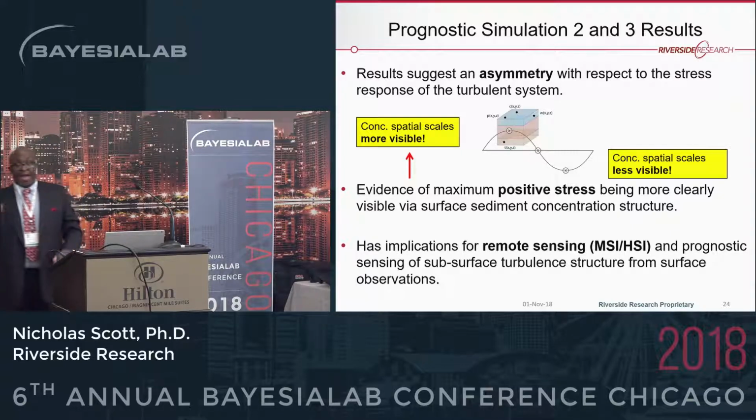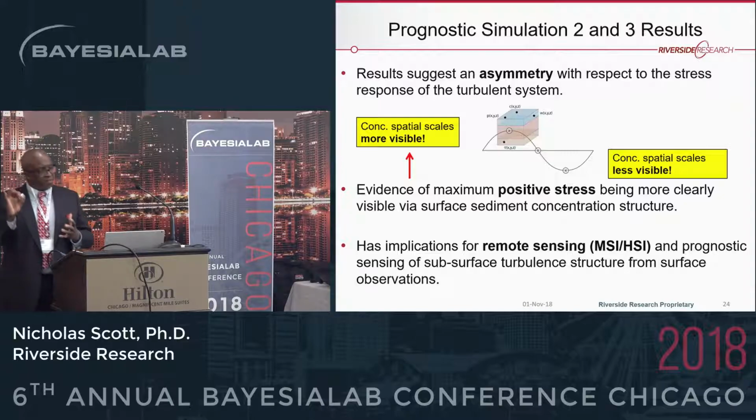So I go to my leadership and I say I have an enemy in the water and it's going into a tidal inlet and I want to be able to detect them. Should I be looking when the tide is going in, positive, or when the tide is going out, negative? You should be looking when the tide is going in, because that's when your structure would be most visible.